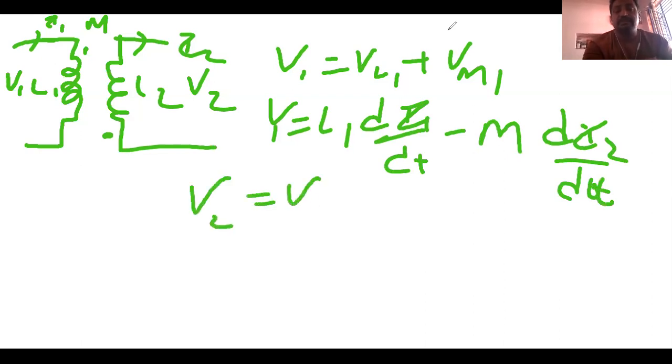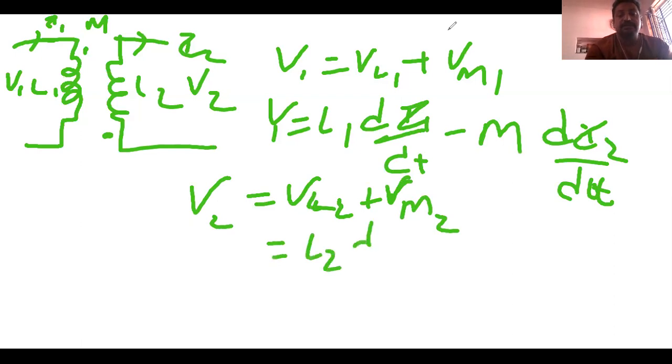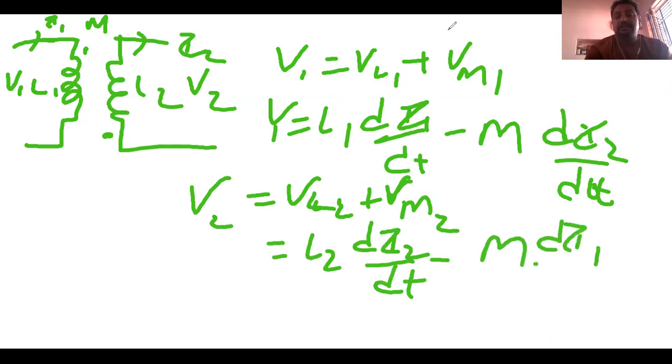Here also VL2 plus VM2, so V2 is L2 into di2 by dt minus M into di1 by dt. Here the sign of mutual inductance is minus due to the parallel opposing.